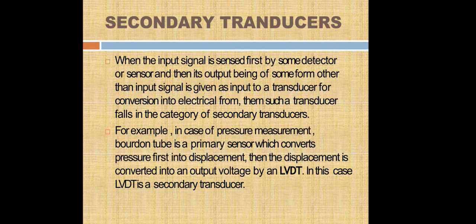When the input signal is first sensed by some detector or sensor, and then its output, being of some other form than the input signal, is given as input to a transducer for conversion into electrical form, such a transducer falls in the category of secondary transducers. For example, in pressure measurement, the Bourdon tube is the primary sensor which converts pressure first into displacement, then the displacement is converted into output voltage by an LVDT. The LVDT is a secondary transducer.